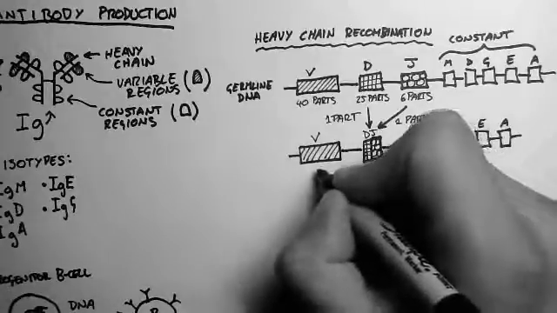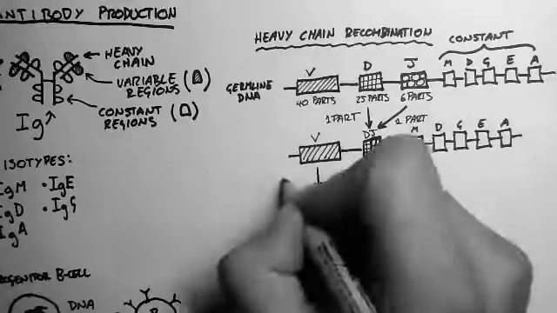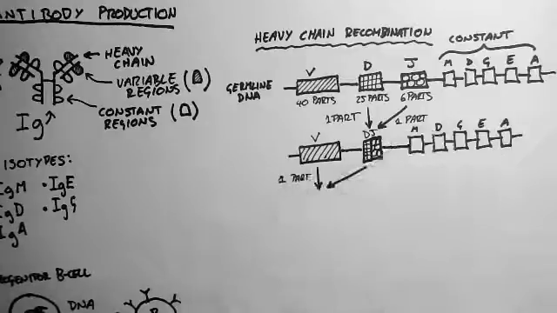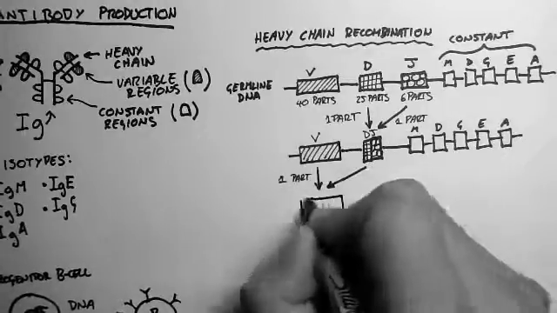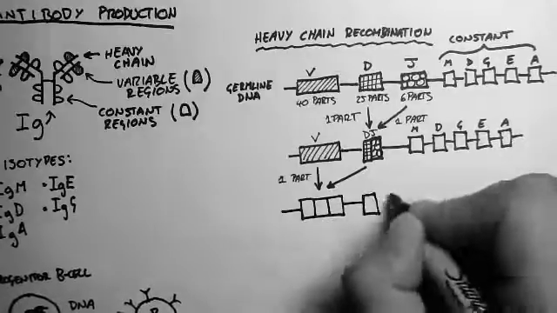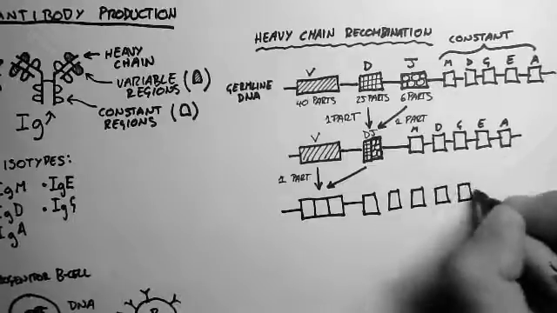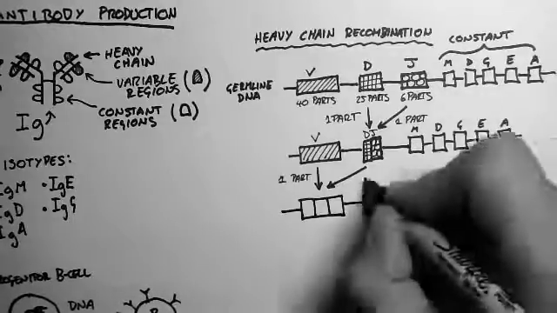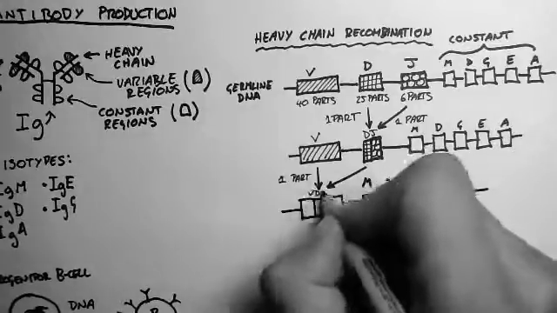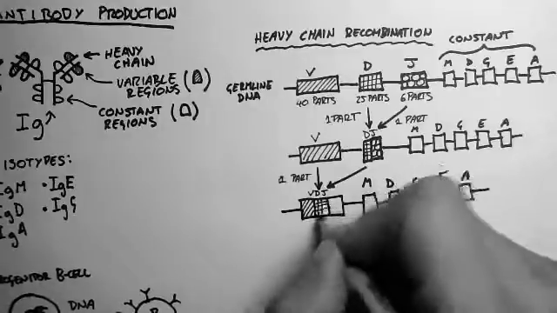Now the next thing to happen is that one part of the V region gets selected and the rest cut away so that it sits right next to the DJ region. This is what we call VDJ recombination. So the M, D, G, E, and A still sit on the end, but the V, D, and J sit right next together, like this.